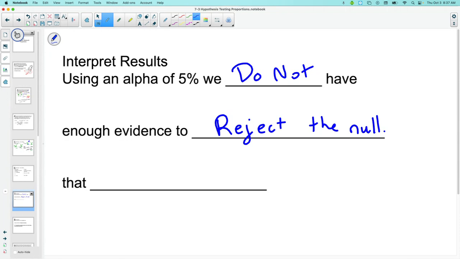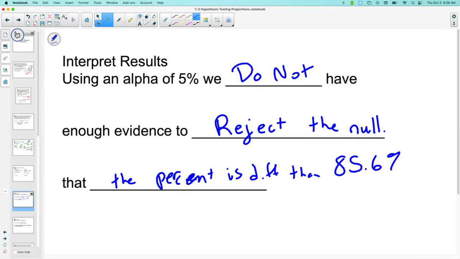Same thing. We don't have enough evidence to reject the null that the percent is different than 85.6%. My handwriting's super great today. But it's just saying, I don't have enough evidence to reject that null, that it's any different than what you said it was.